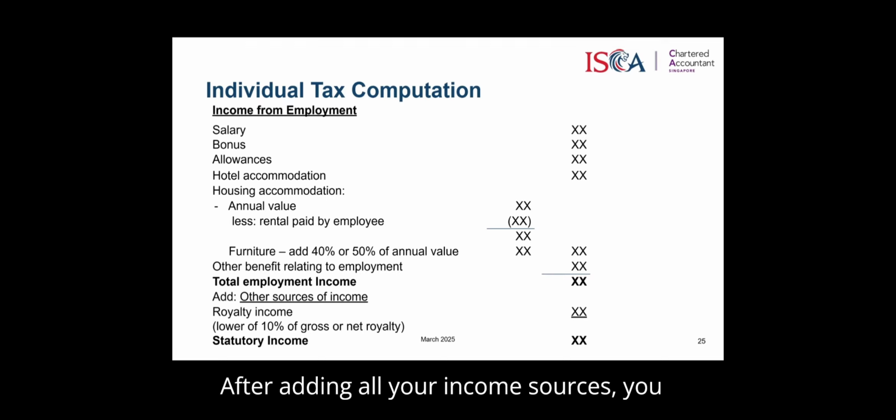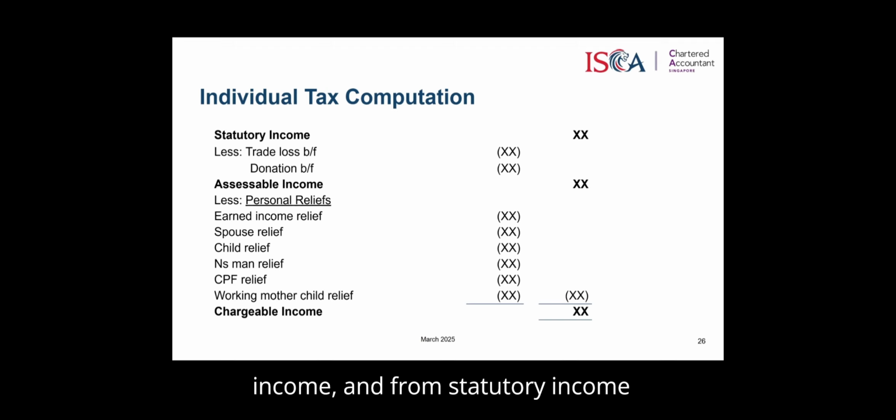After adding all your income sources, you will come to a line called statutory income. From statutory income onwards, you will net off any trade loss or donation brought forward from prior years, arriving at your assessable income.